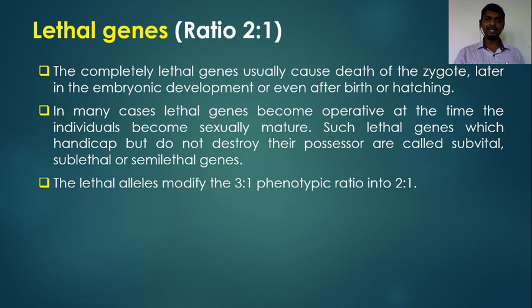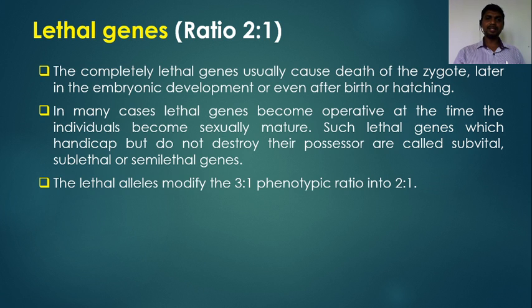In many cases, lethal genes become operative at the time when the individuals become sexually mature. Such lethal genes which handicap but do not destroy their possessor are called subvital, sublethal or semi-lethal genes.